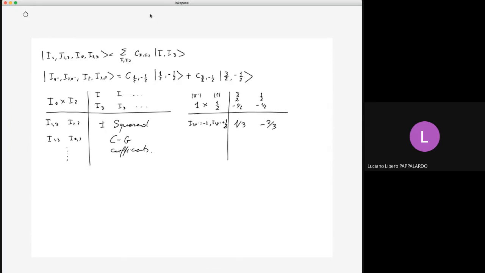So once we get this, we can write down our total wave function. The state of the pi minus and proton will look like square root of 1/3 times the state 3/2 minus 1/2, minus square root of 2/3 times the state 1/2 minus 1/2.